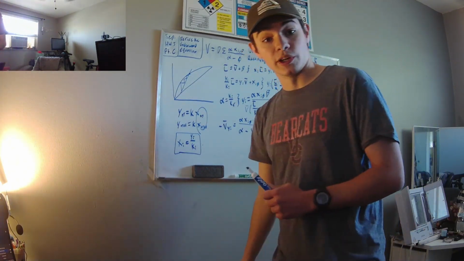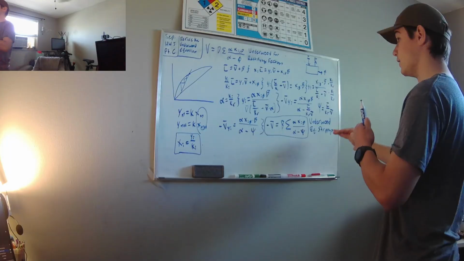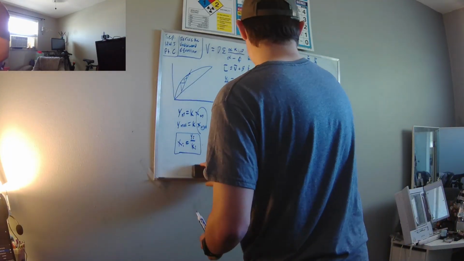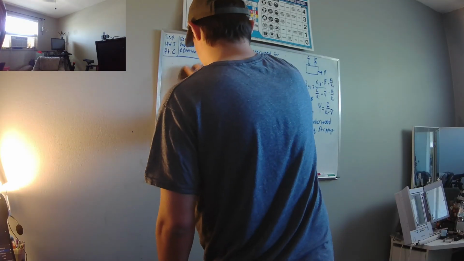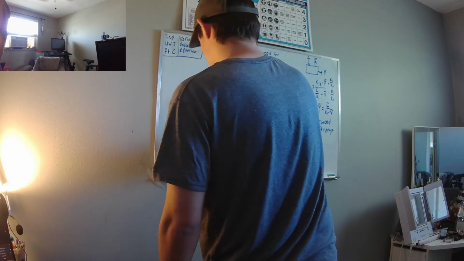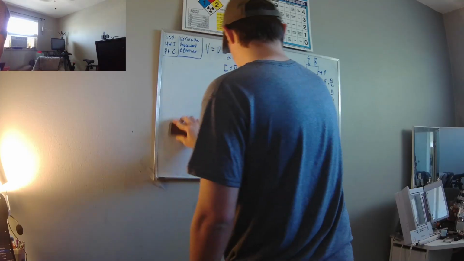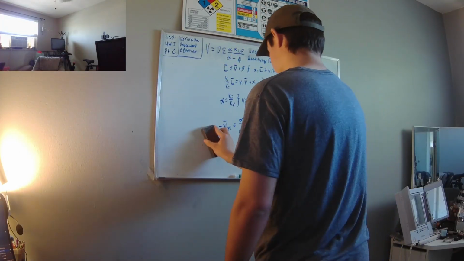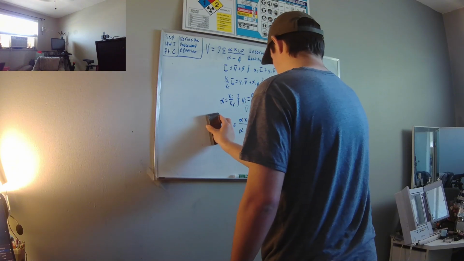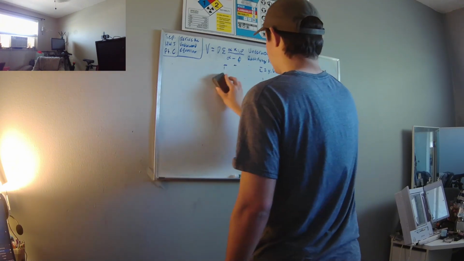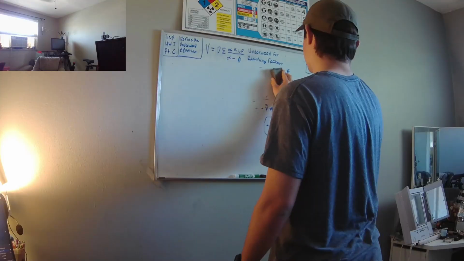And finally, what we're going to do is we're going to combine these two equations. Well, what I'm going to do real quick is erase all this because we're going to need a little bit more room for that derivation. Alright, get rid of all of this.